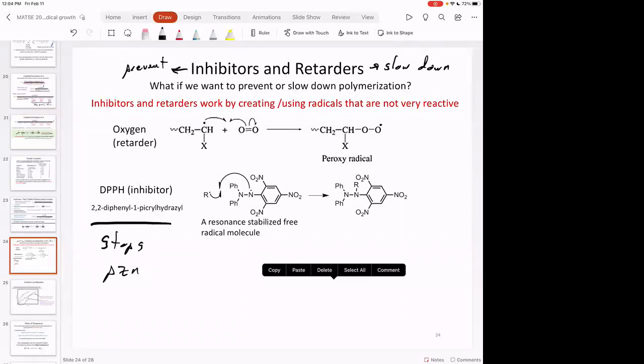I don't want to retard polymerization because that means the polymerization is still going to be happening. However, we run a lot of polymerizations under oxygen-free conditions because it slows down the polymerization.